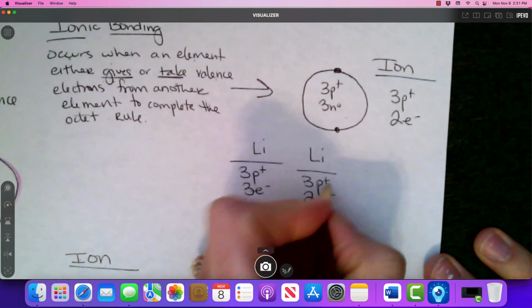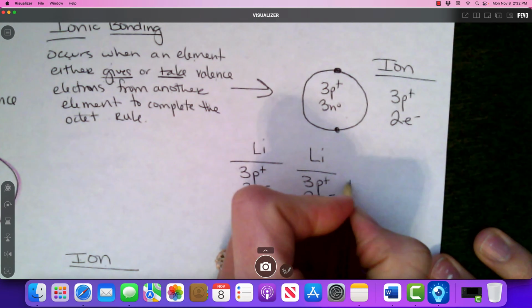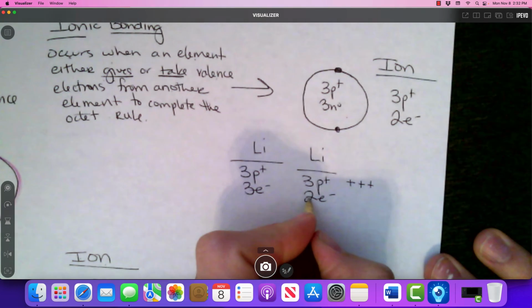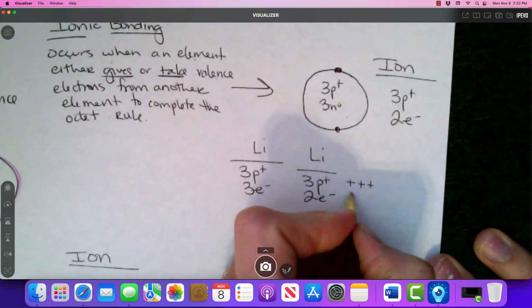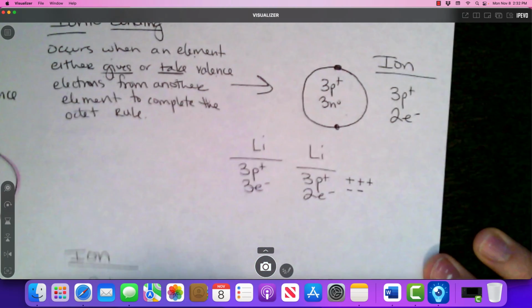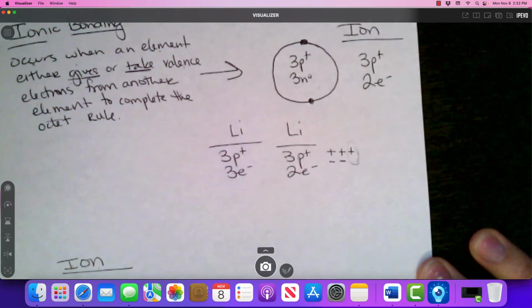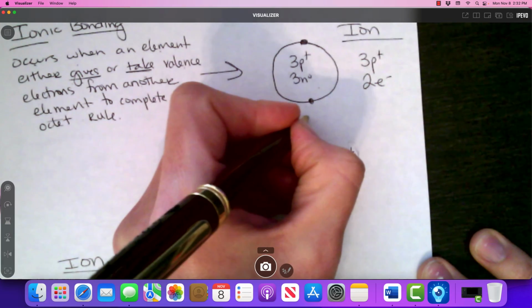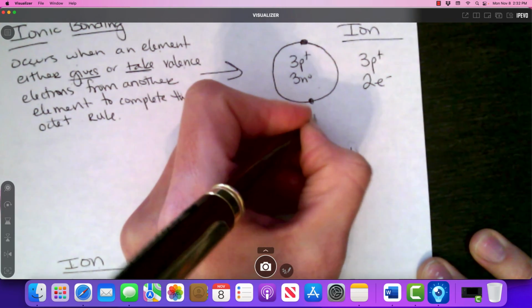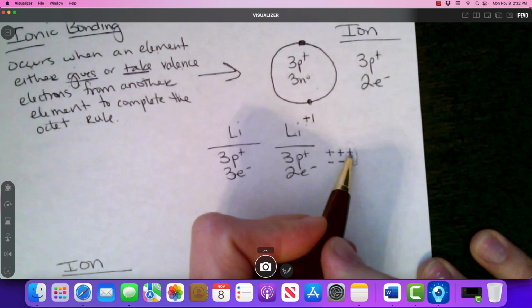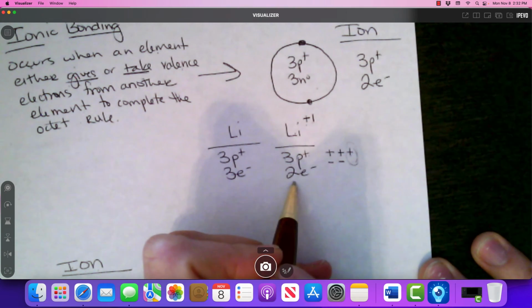If it has 3 protons, it has 3 positive charges. If it now only has 2 electrons, it only has 2 negative charges. So that means it ends up with 1 extra positive charge. So the ion is denoted as lithium plus 1 because it has 1 extra positive charge.